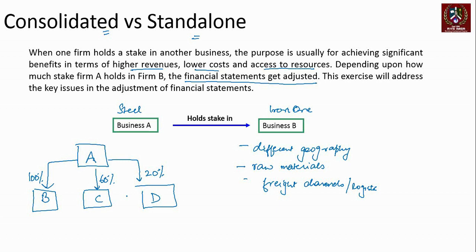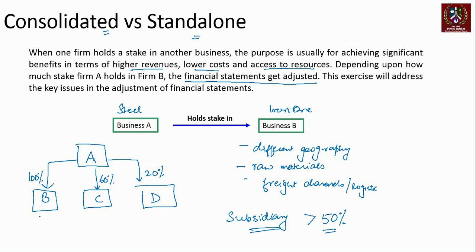In terms of the definition of a subsidiary, you need to have significant and managing control, which is always greater than 50%. So any company in which you have a stake of greater than 50% will be a subsidiary.